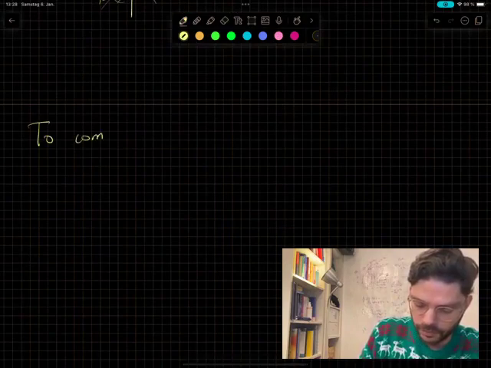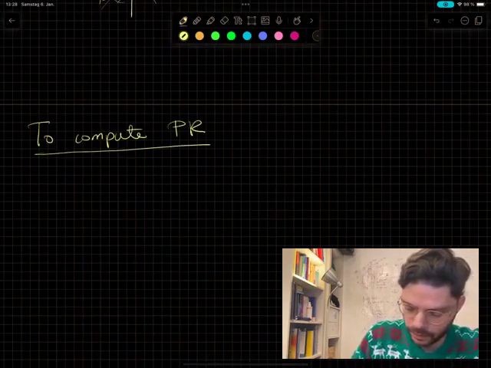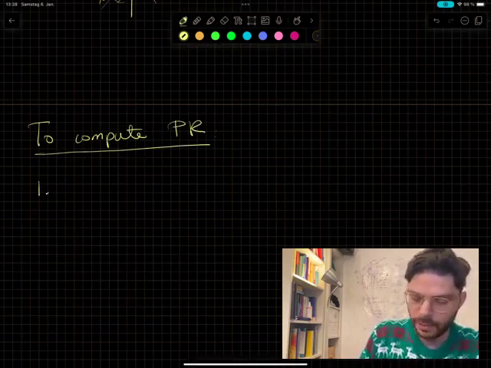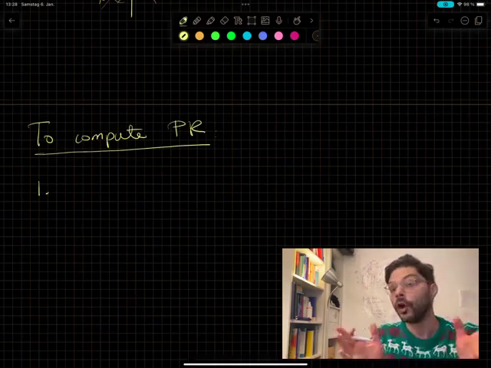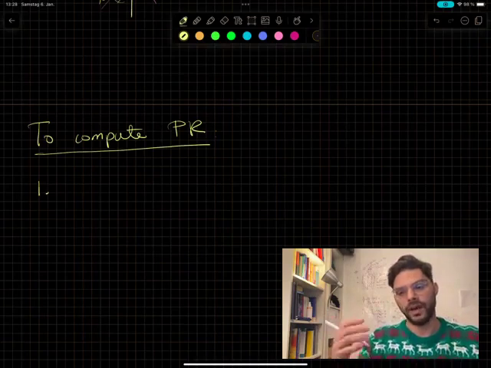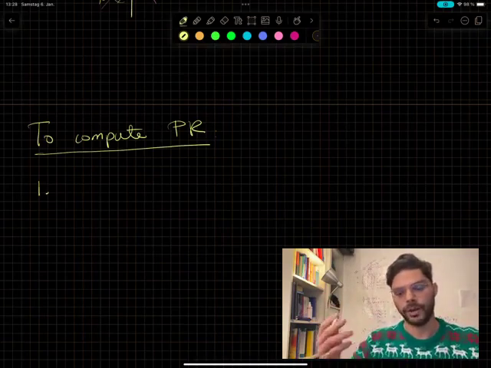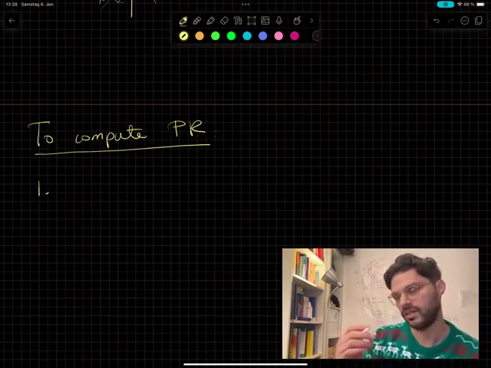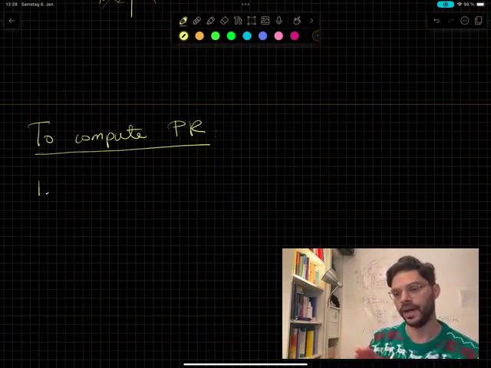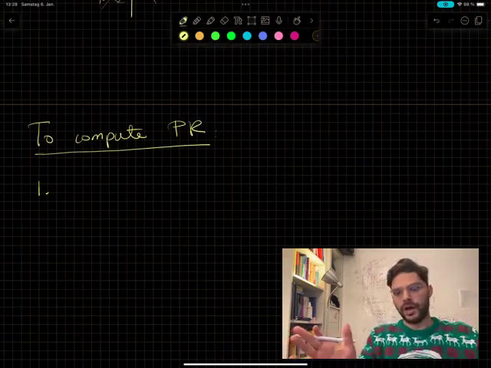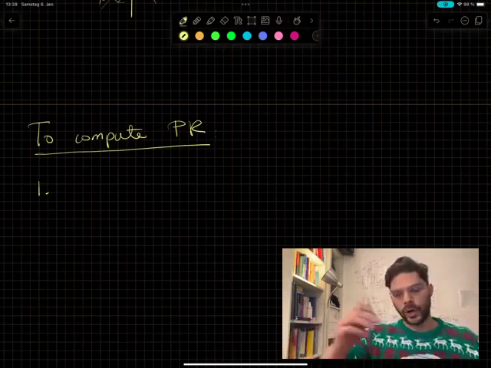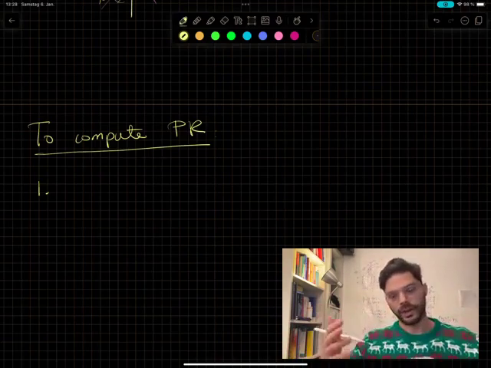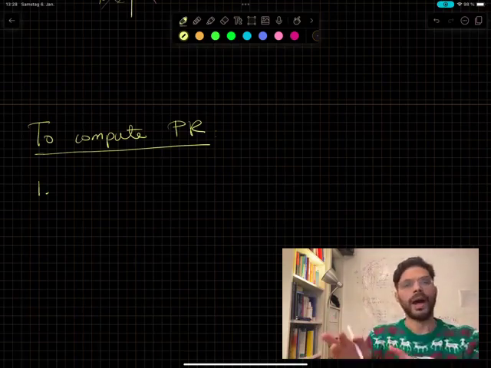So how do we compute it? The first step is we need to determine the directions in space that the data occupy. The simplest way to do this is to use PCA, which is going to find an orthogonal set of directions along which the data lie, and order them by the amount of variance.